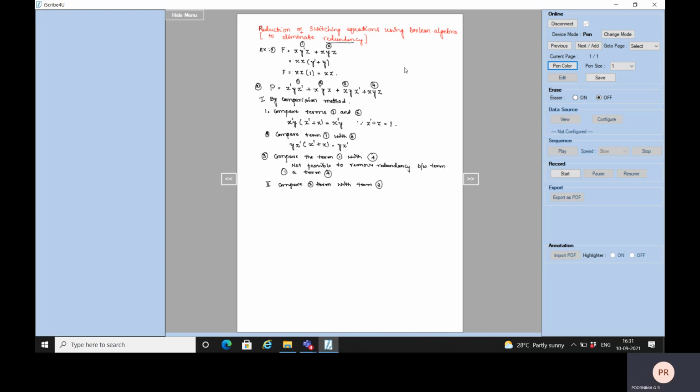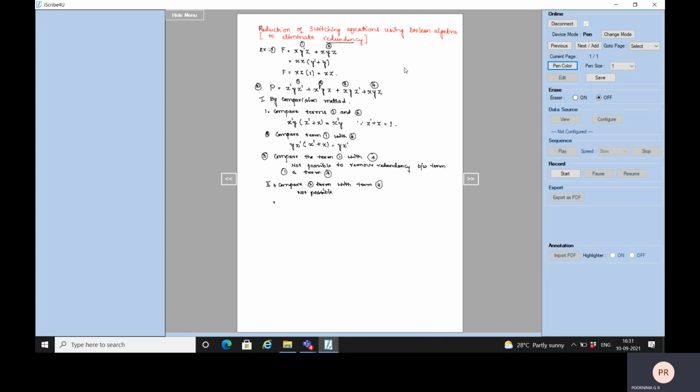If term 2 and term 3 are compared, it is not possible for us to remove any redundancy, because x bar y z and x y z bar, so it is not possible to remove redundancy.